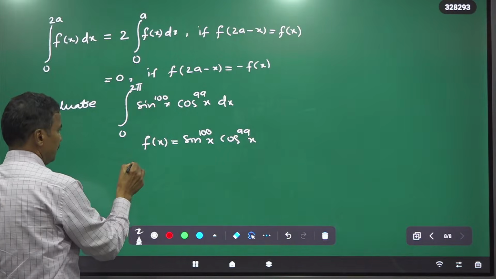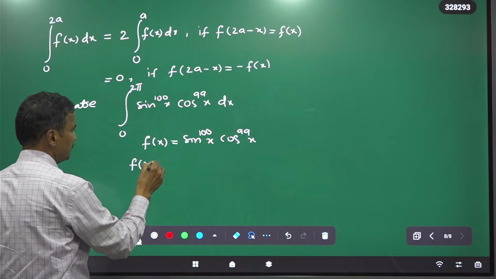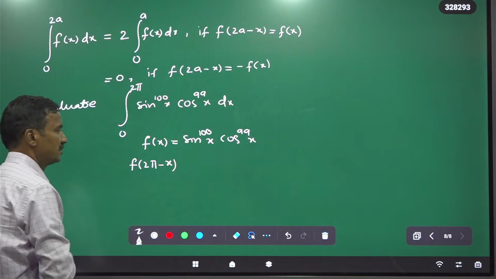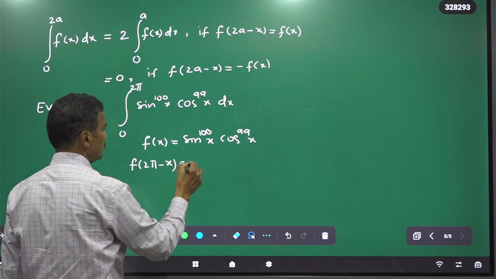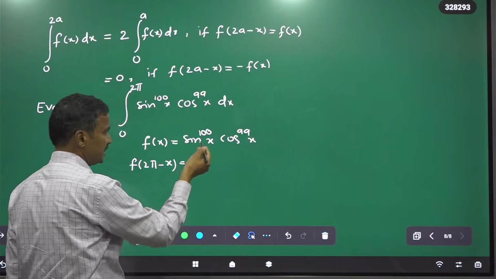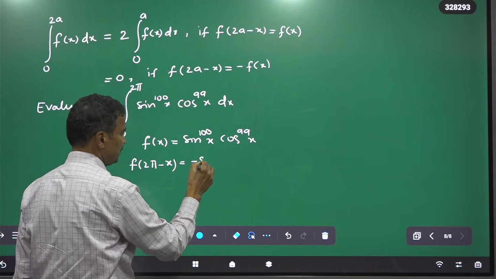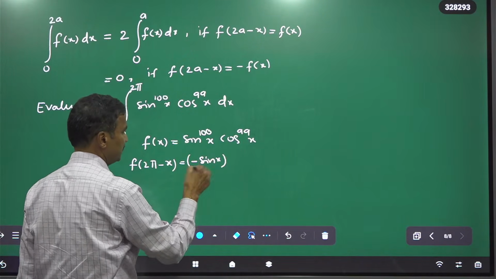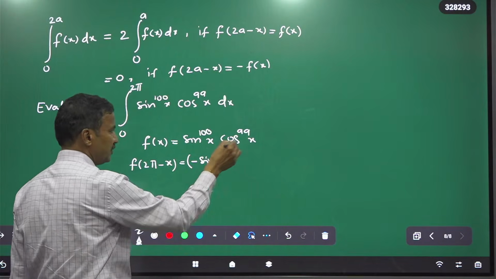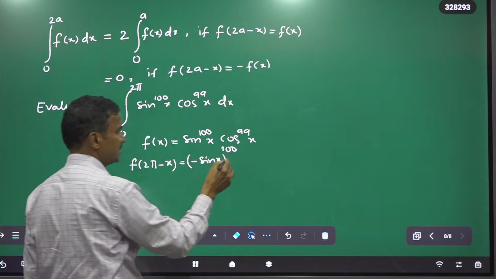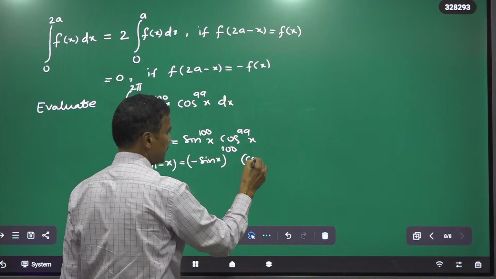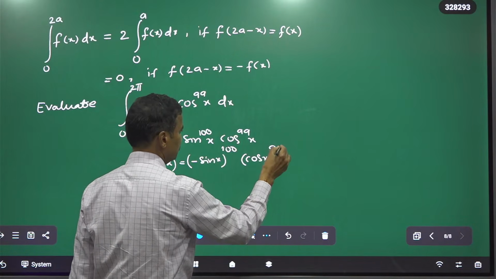Then f of 2 pi minus x is equal to sin of 2 pi minus x, that is minus sin x, so that minus sin x whole power 100. And we know that cos of 2 pi minus x is cos x only, so cos x to the power of 99.